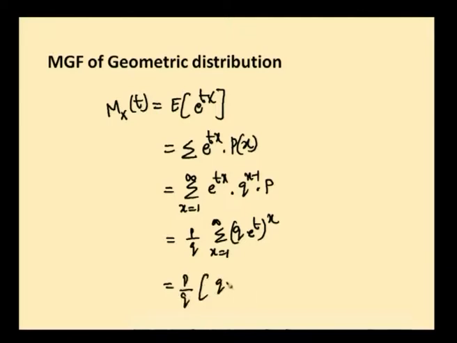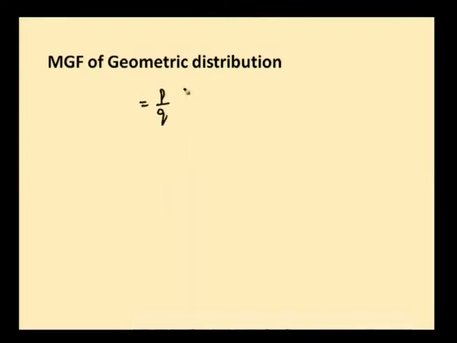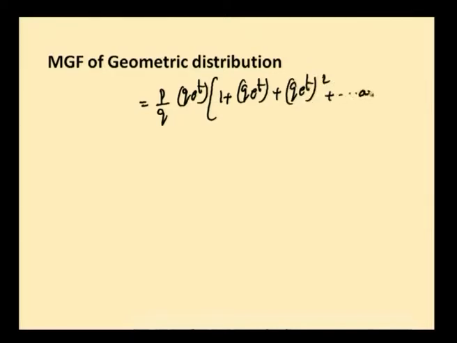If we substitute x equal to 1, we get q e power t, plus (q e power t) whole square, plus etc. up to infinity. So, this is equal to p by q into q e power t times (1 plus q e power t plus (q e power t) whole square plus etc. up to infinity), and q is getting cancelled.